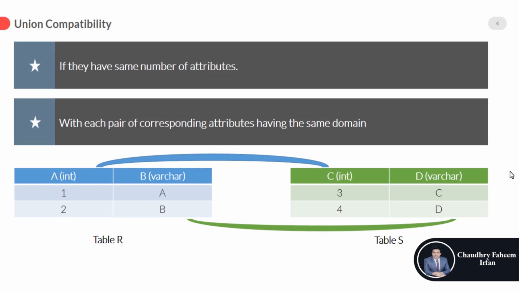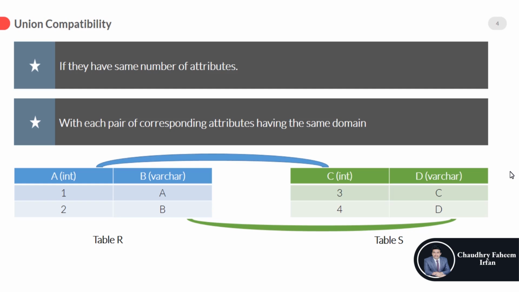So the number of columns in both tables is the same, 2. So the first condition is true. The second condition is that corresponding attributes have the same domain. A is integer and B is varchar, and in the second table, the S table, C has the data type integer and D has the data type varchar.